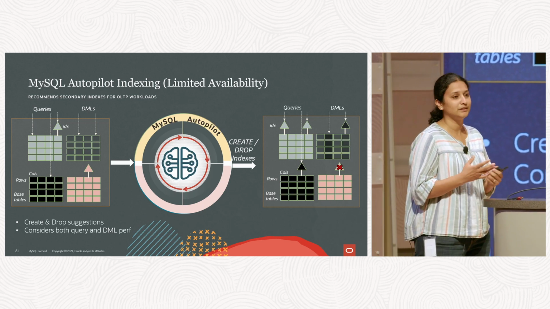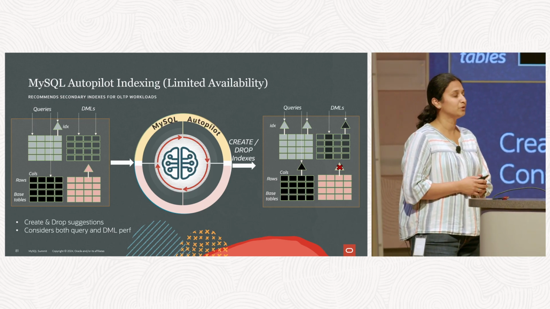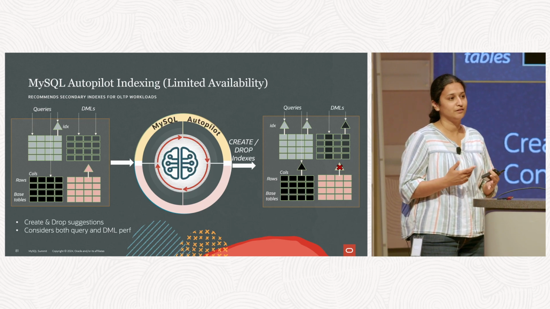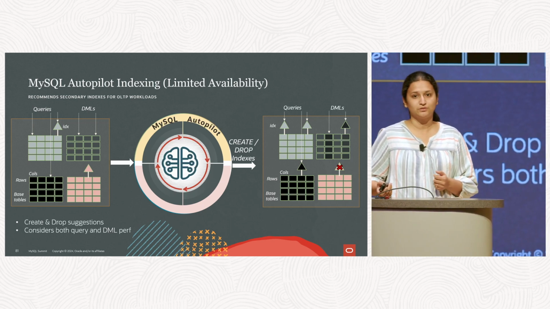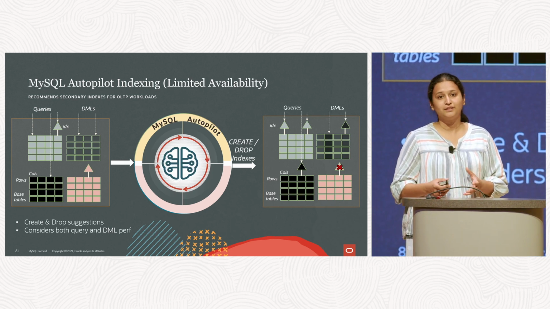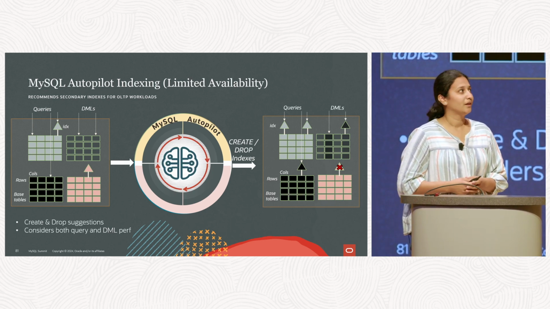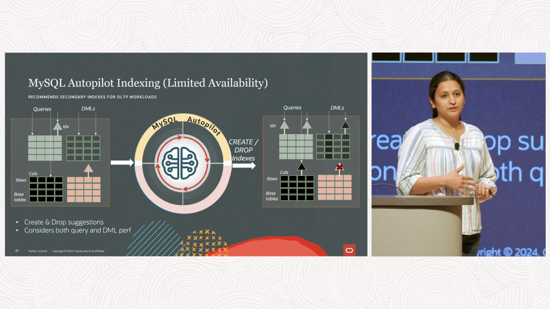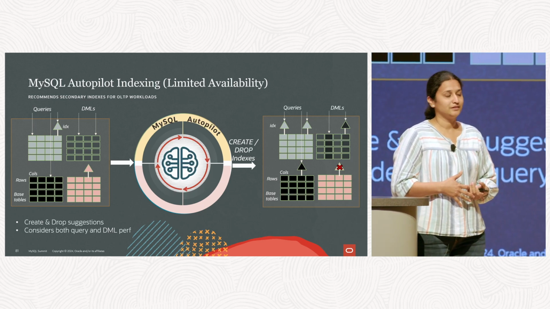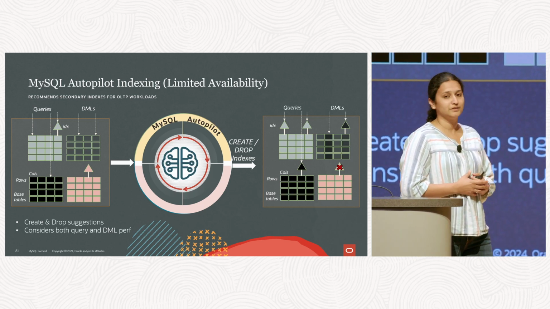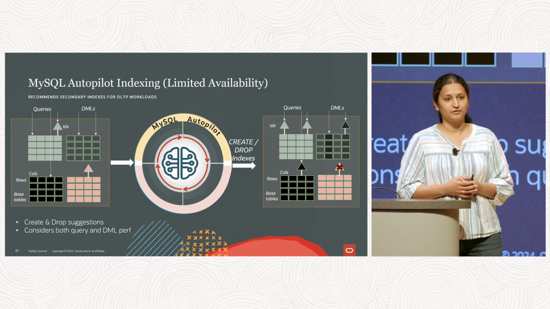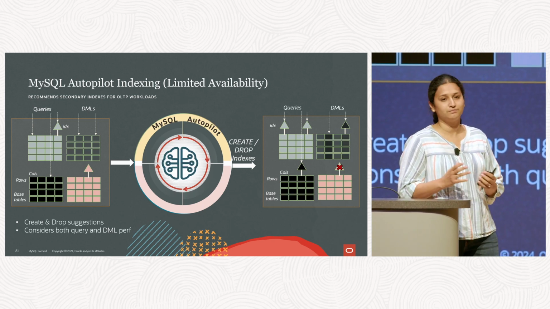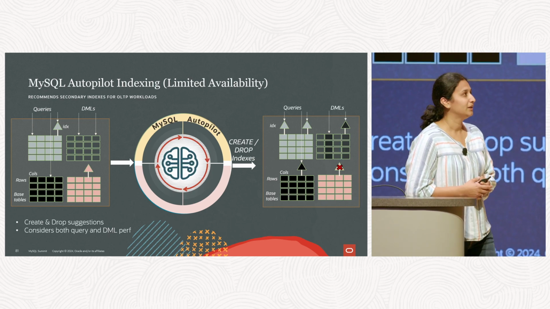If you have too many indexes, you have a storage cost, and it impacts the DML performance, because now you need to update those extra indexes as well. If you have fewer indexes than needed, then you're impacting the select performance. If your select queries become slower, you don't have enough indexes. So there's this balance that we need to find.